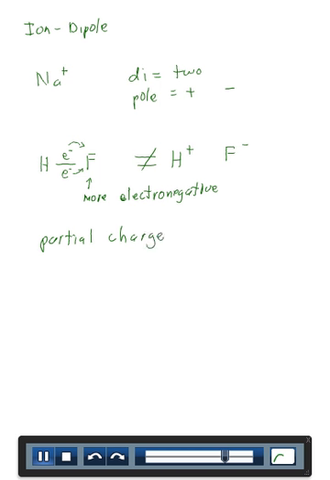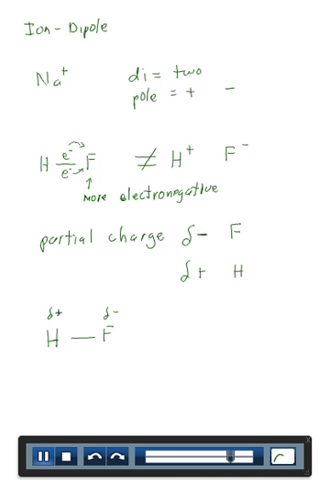And we use the symbol delta to represent partial. So we have a partial negative charge around fluorine and a partial positive charge around the hydrogen. So we would draw this as partial negative on fluorine, partial positive on hydrogen. And again, it's not a complete charge because there's not a complete transfer of electrons.